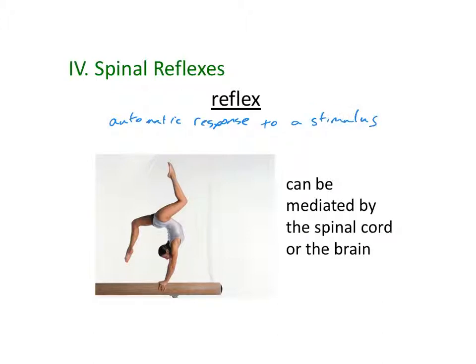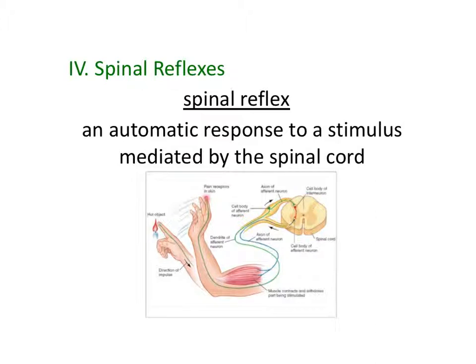Reflexes can be mediated by either the spinal cord or the brain, so it does not mean always spinal cord. And reflexes can sometimes be innate, but they can also be learned. We'll specifically be talking about spinal reflexes at this point, which are just adding in the fact that this is an automatic response to a stimulus that's mediated by the spinal cord specifically.